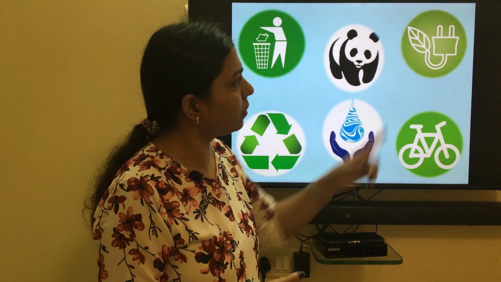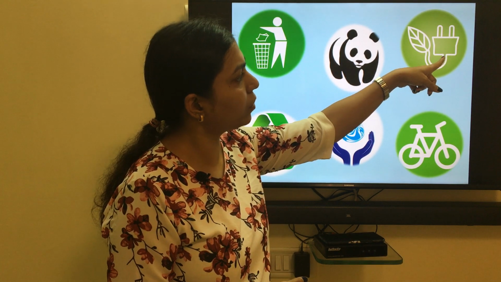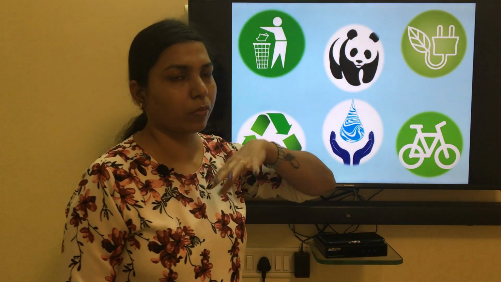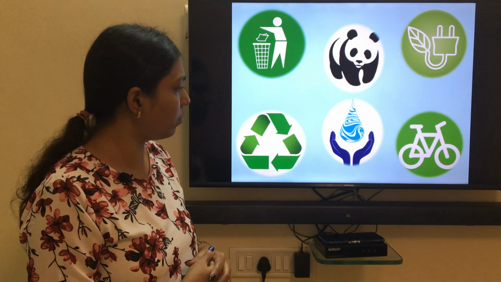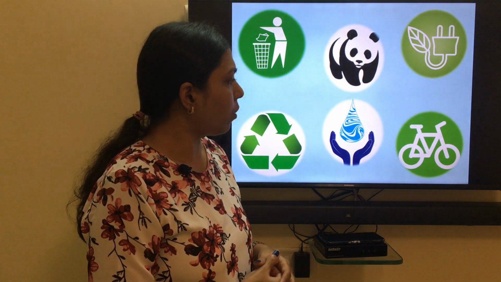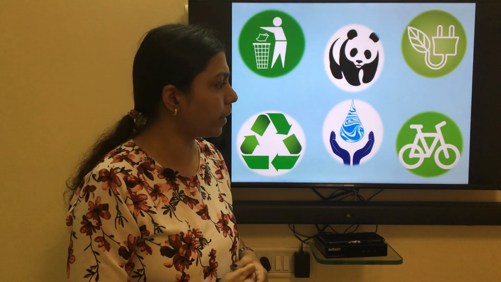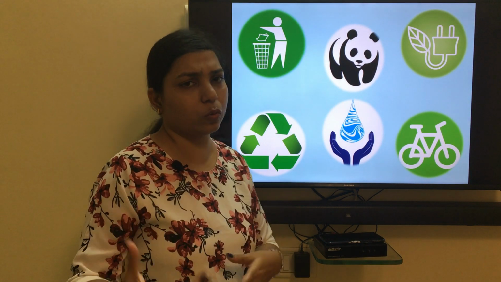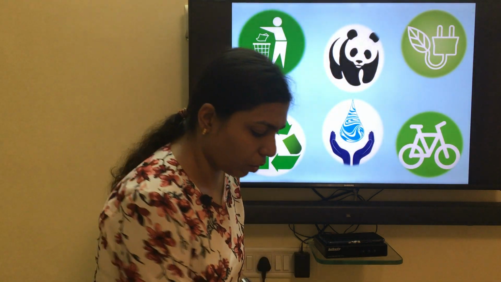Here there is a leaf and the symbol of a plug, which means that we should try to use natural resources instead of using electricity and all those kinds of stuff. This is the symbol for recycle, reduce and reuse. Symbol for save water, and the symbol for the cycle, which indicates that we should avoid the use of cars and all that and start walking or start cycling.